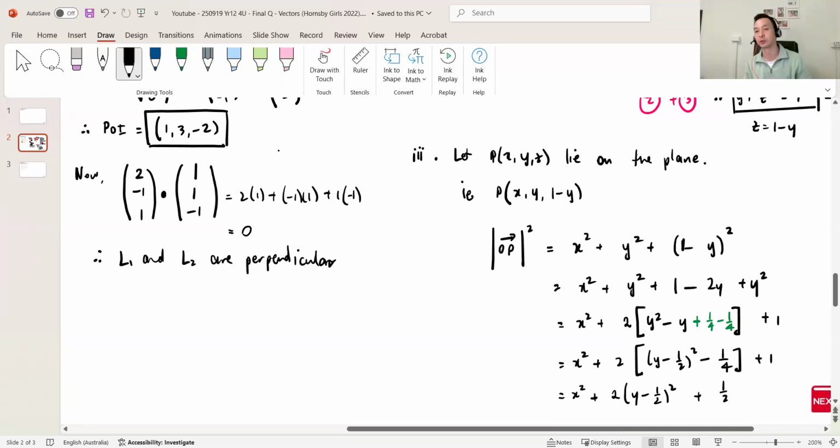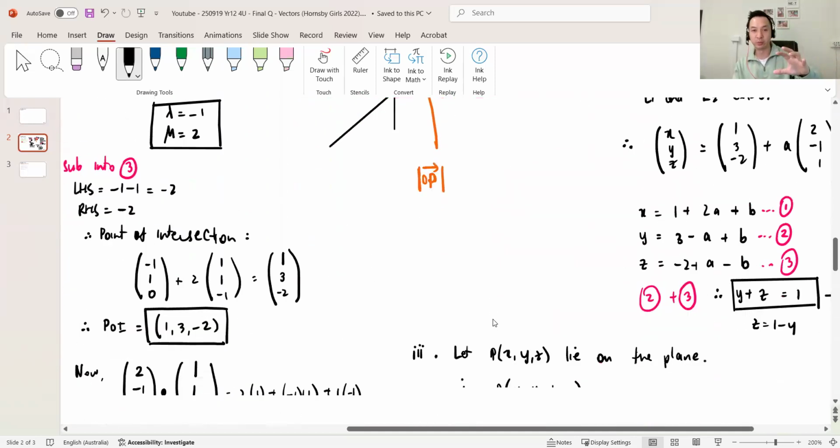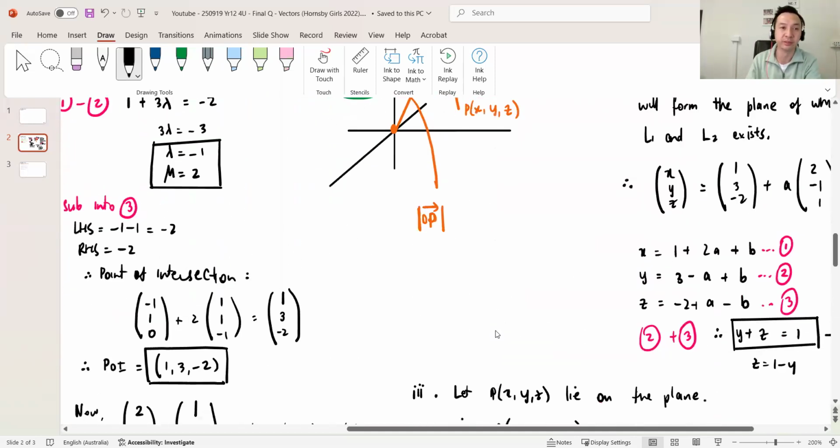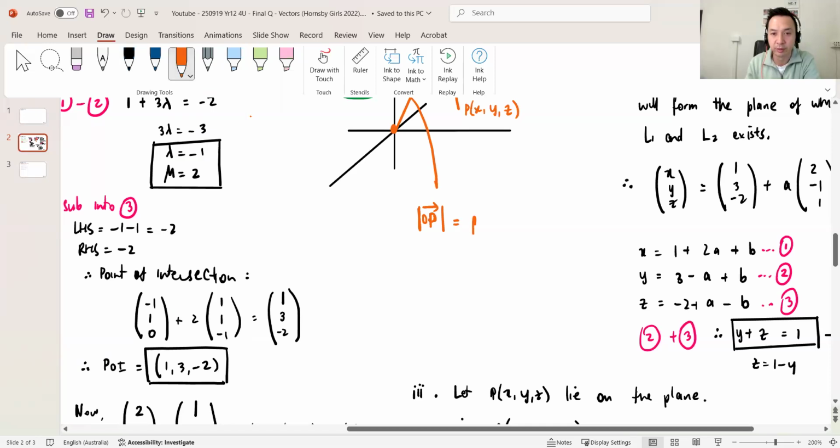All right, now this is cool, because what do I want? I want the perpendicular distance, that's what perpendicular distance always is.